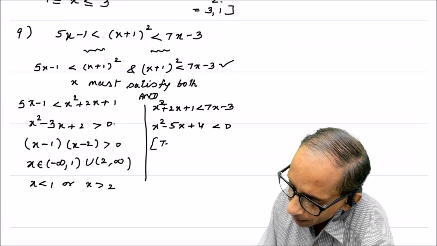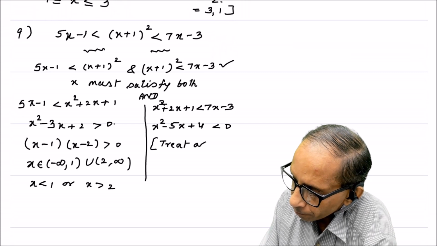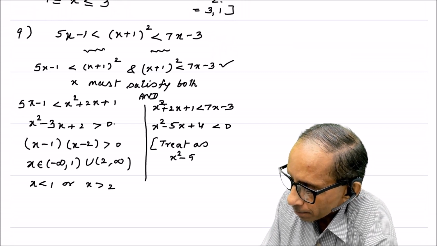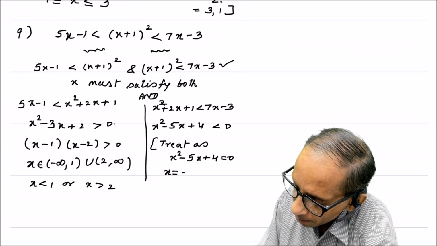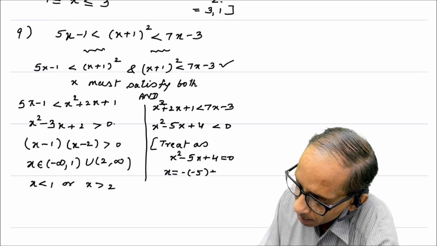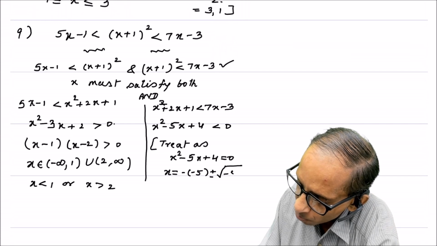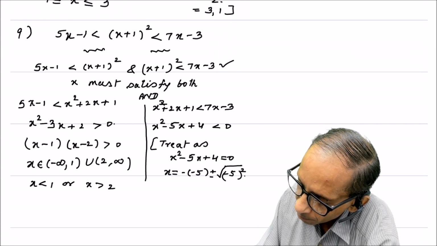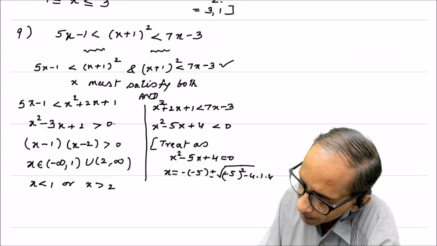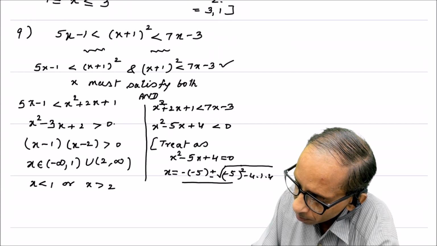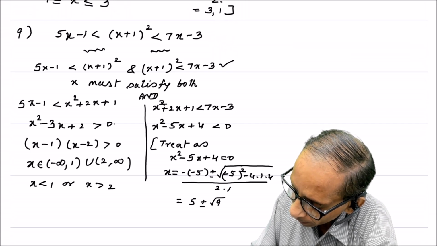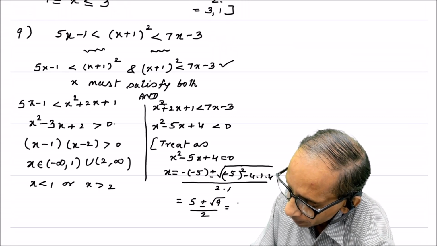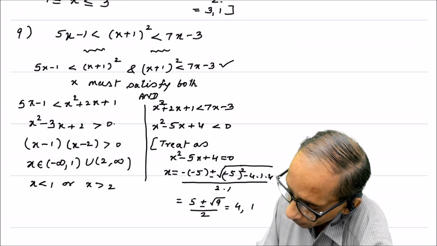If we treat it as an equation, x square minus 5x plus 4 equal to 0, then x becomes minus b plus or minus root of b square minus 4ac upon 2 times a, that is 5 plus or minus root of 9 divided by 2. That gives us the values as 4 and 1.